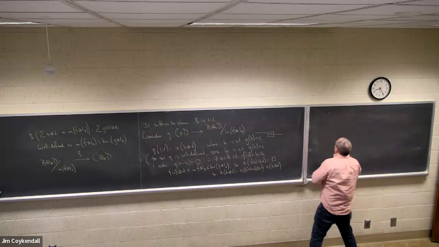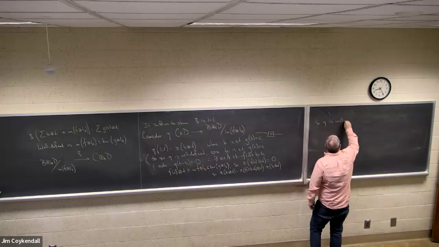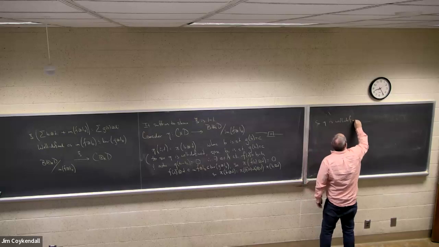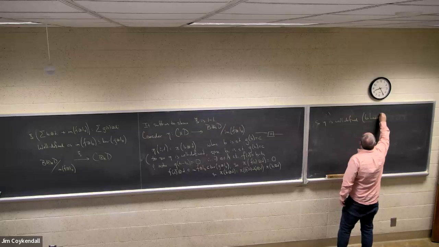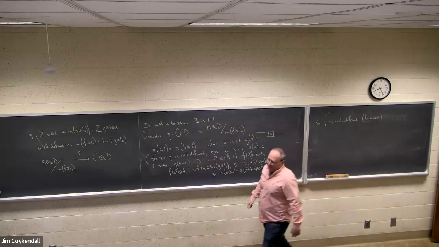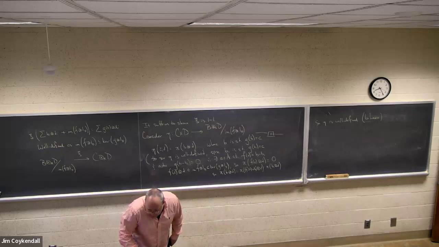What do we have? We have eta is well defined, and it's bilinear. It's pretty easy to check that this is a bilinear map. And that's the whole point of doing these bilinear maps.